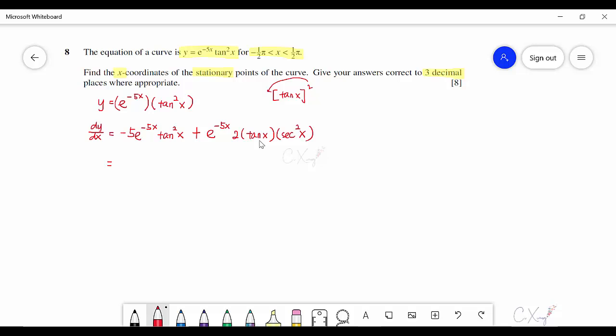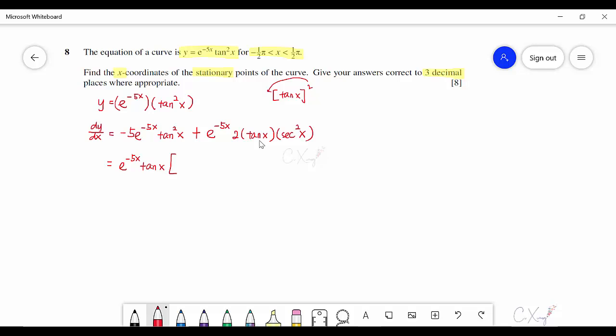If I have a look in detail, I actually have e^(-5x) in both terms, and also tan x in both terms. So I want to factorize them out.